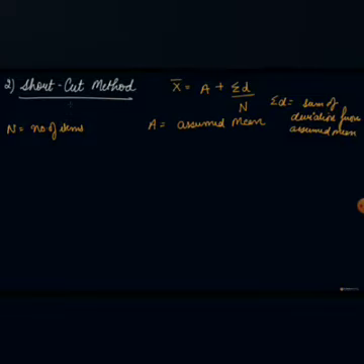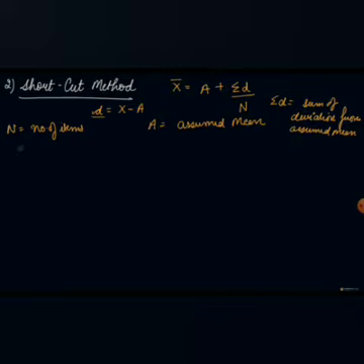In this shortcut method, from the series you take the mid value as the assumed mean. Then, to calculate the deviation, you subtract the assumed mean from the items of the series. You get the deviation, then you add all the deviations to get summation D, and then you can put in the formula and calculate.